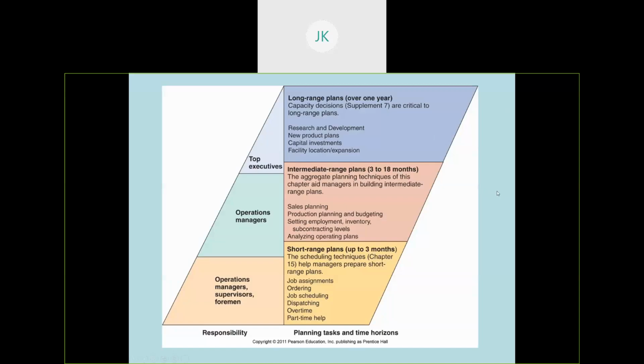The planning, depending on the term, how long, the time: long-term, intermediate term, which is like a medium term, and short-term.